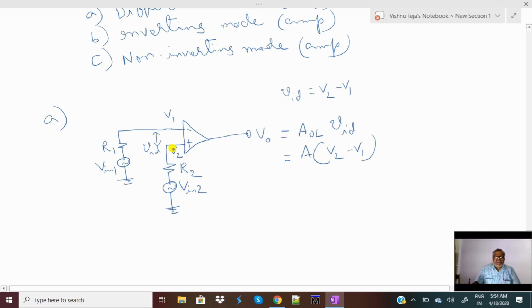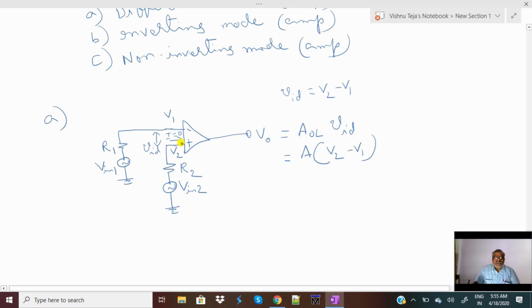What is V2 here? The voltage at the non-inverting input. What is its value? Vin2 is in line with R2 and then V2. How much current will flow through R2? Because the input impedance of the operational amplifier is very, very high, the current entering the input terminals of the operational amplifier is almost equal to 0.